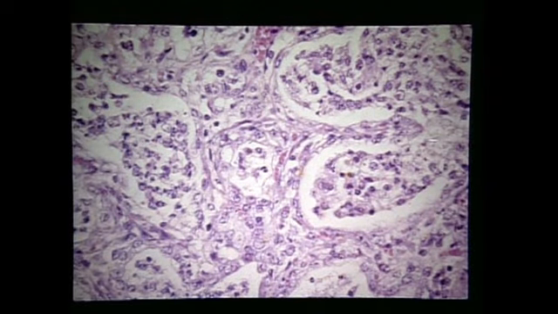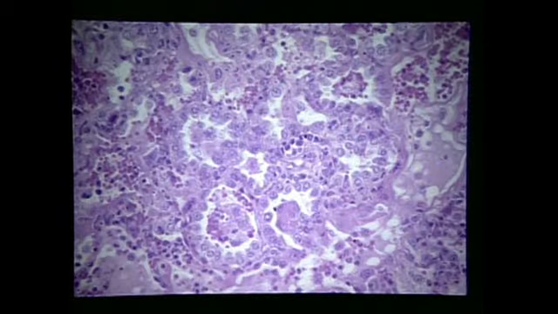The chronic forms are causing a consolidation of the alveoli. It is the result again of type 2 pneumocyte proliferation and some inflammatory cells, mainly neutrophils. It becomes a denser picture.